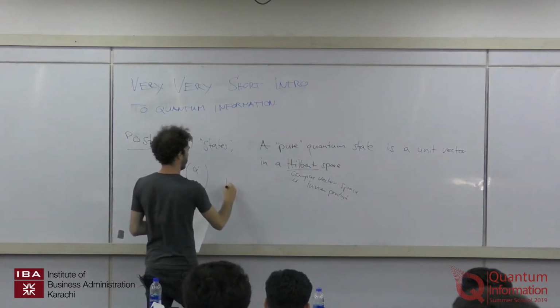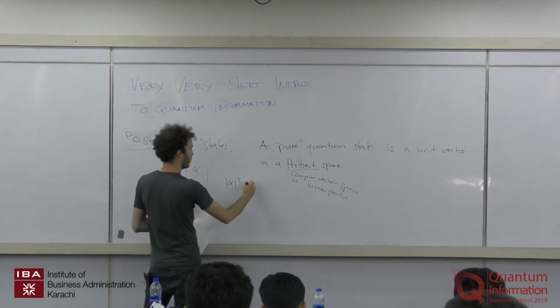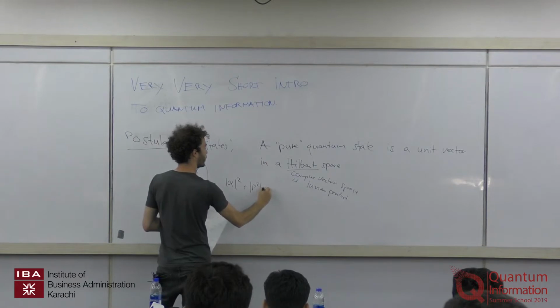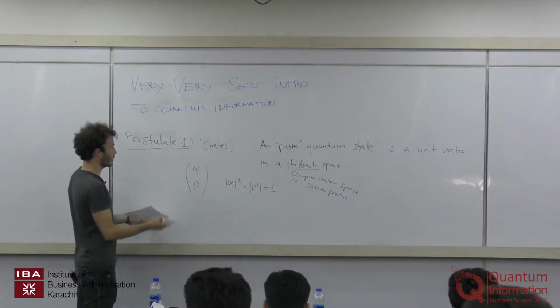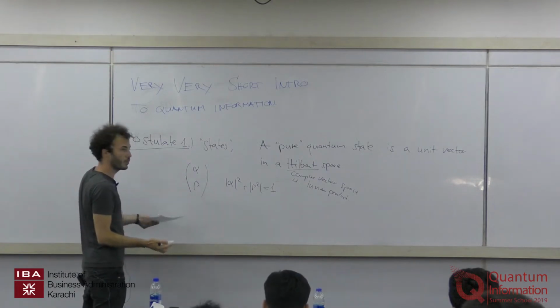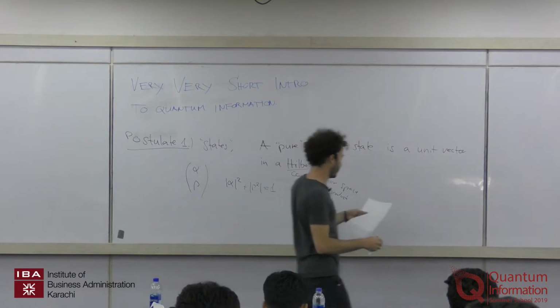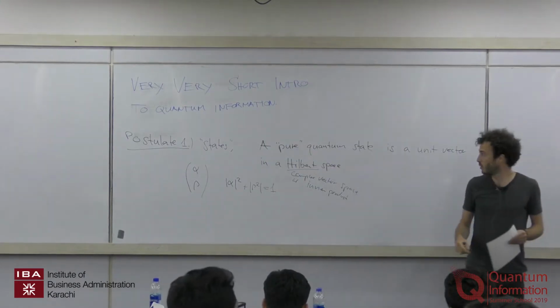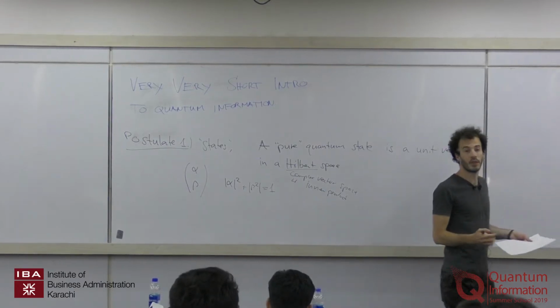So we have that the absolute value of alpha squared plus the absolute value of beta squared is 1. Okay. And in linear algebra, we can always choose a basis and then describe everything in that basis. So what I will introduce now as a basis, which we will use often, is called the computational basis.